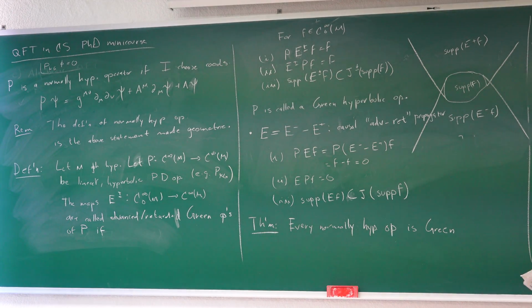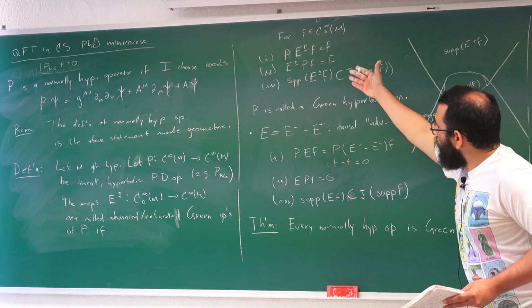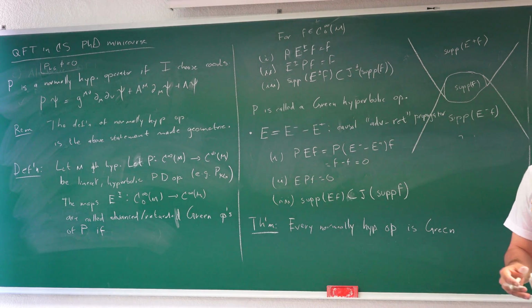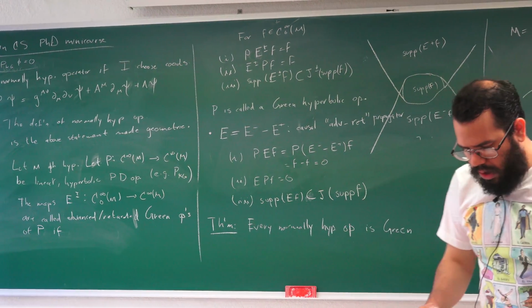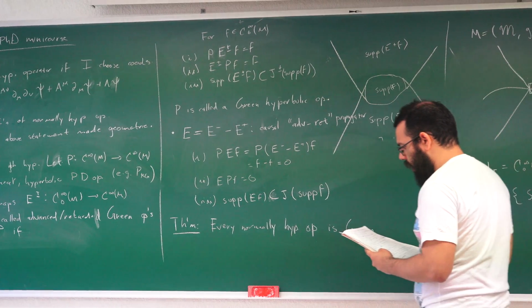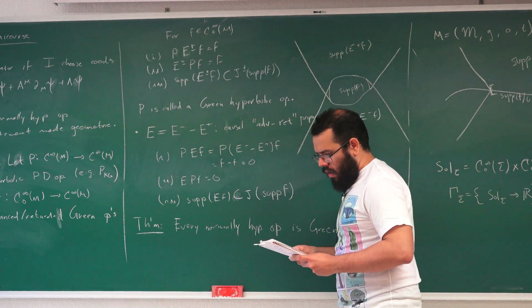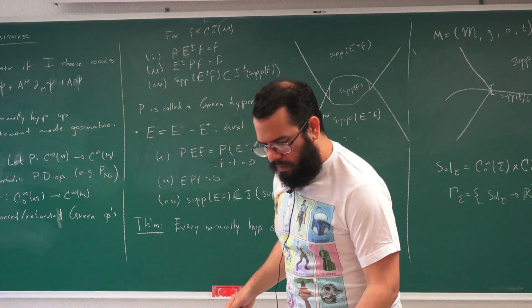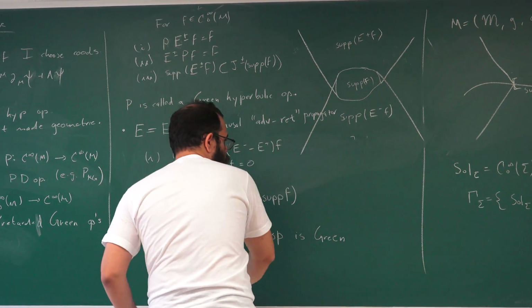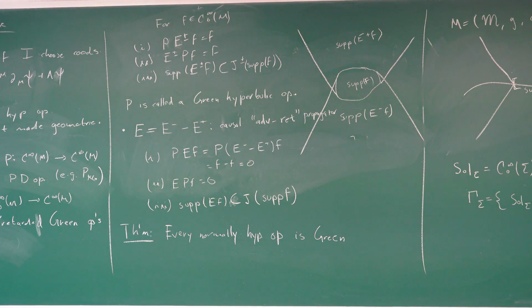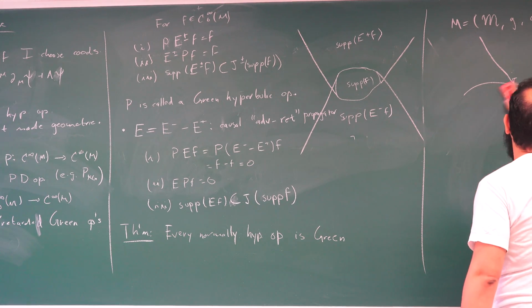Every normally hyperbolic operator is Green hyperbolic, so every normally hyperbolic operator possesses this E plus, E minus, and this distinguished advanced minus retarded friend of ours. So this allows you to write solutions to say the Klein-Gordon equation or every equation that has that form.